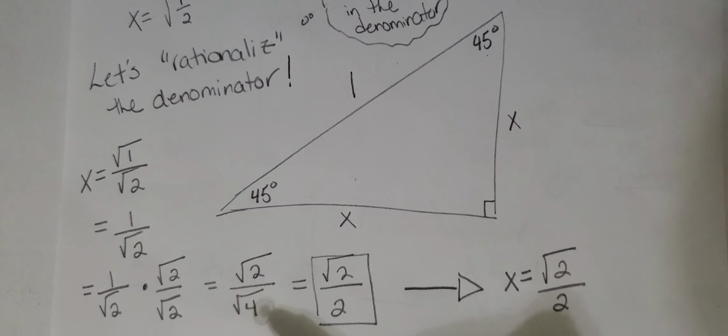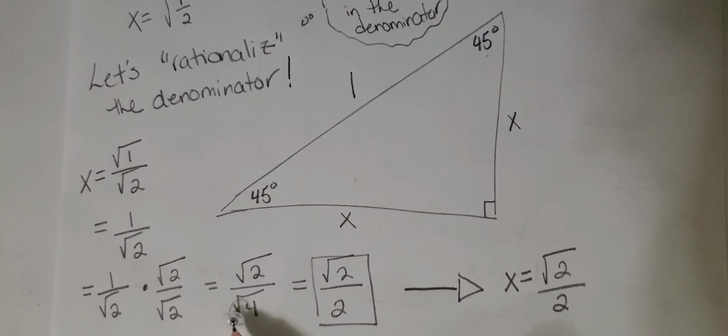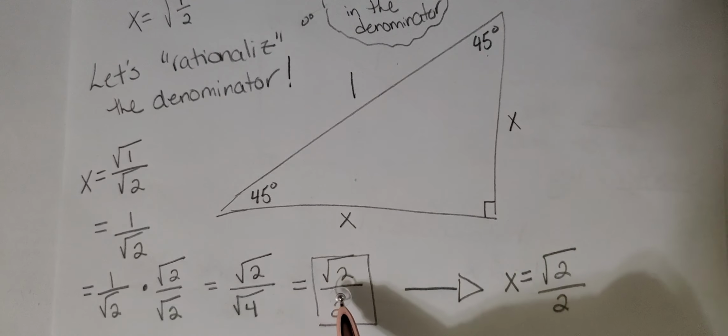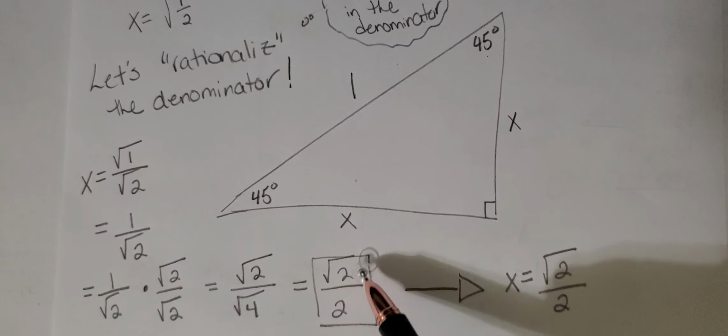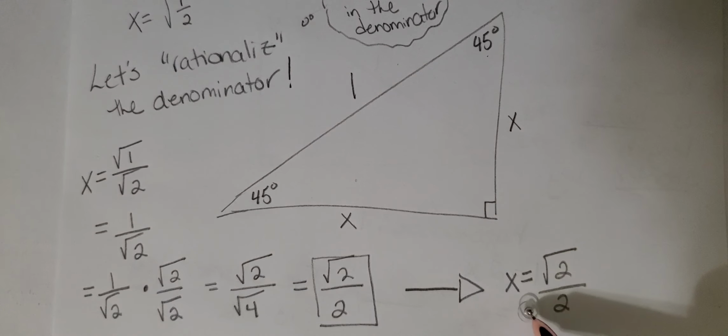So that was just the rules of multiplying fractions: top times top, bottom times bottom. Simplifying this expression, we should know now that radical 4, or the square root of 4, is equal to 2. So our final expression would be radical 2 over 2. And that will give us x.